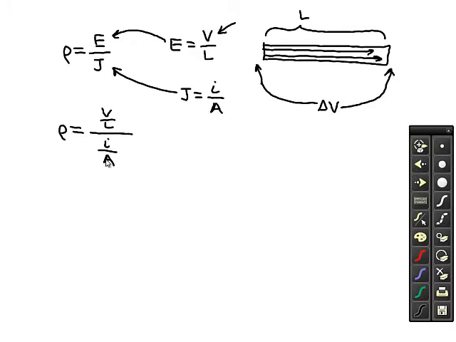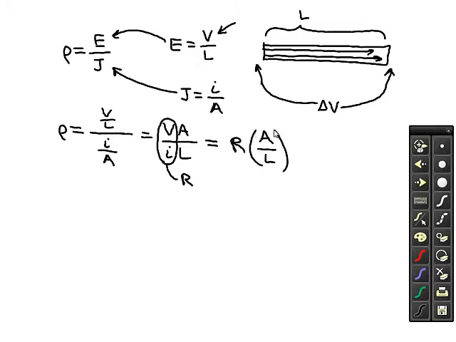Okay, quick rearrangement of this says that VA over IL is resistivity. But remember, V over I is resistance. So we can write this as resistance times the ratio of area over length. Or better yet, we could say the resistance of a piece of metal or whatever we're looking at is its resistivity times its length divided by the area.